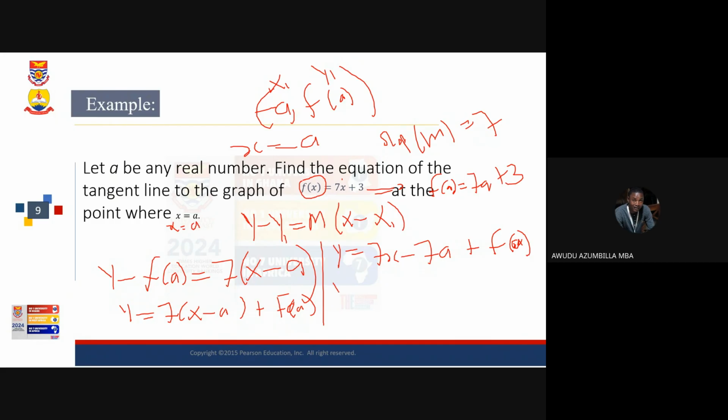So we now have y equal to 7x minus 7a plus f of a, and f of a is now 7a plus 3. In that case, our equation becomes simple. See that this 7a and this 7a can go away. So our final equation of the tangent line is y equals 7x plus 3.